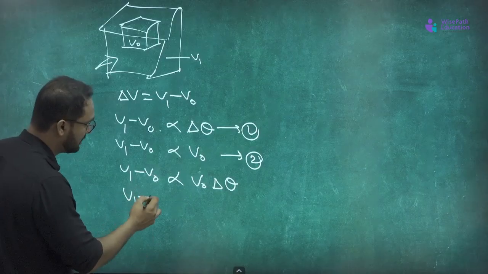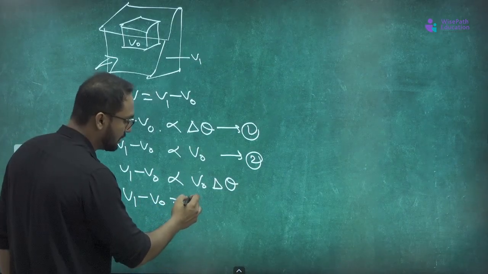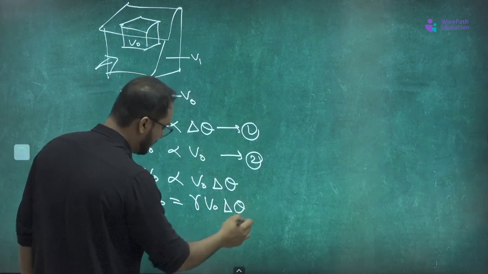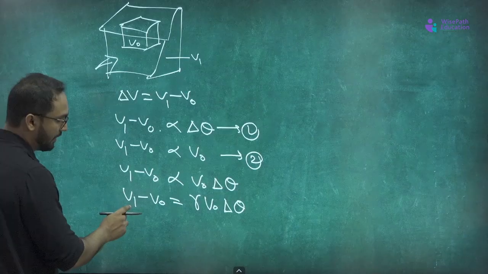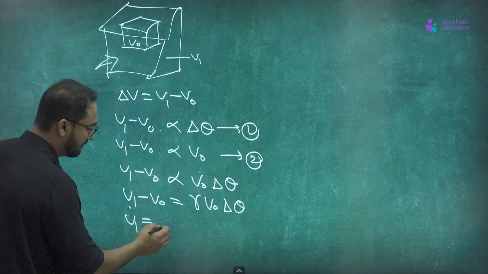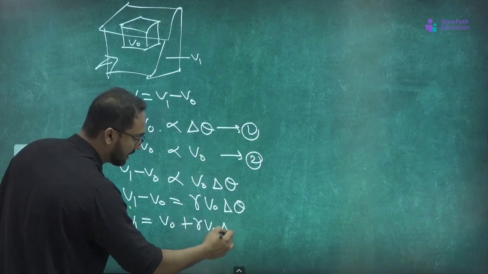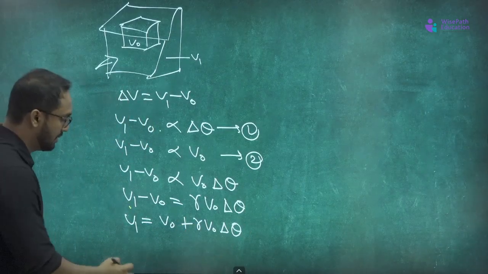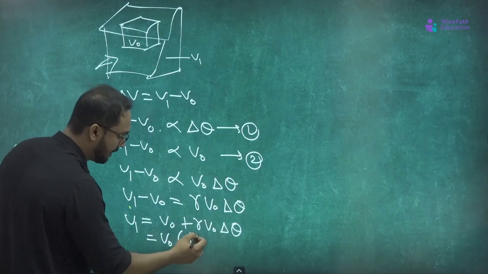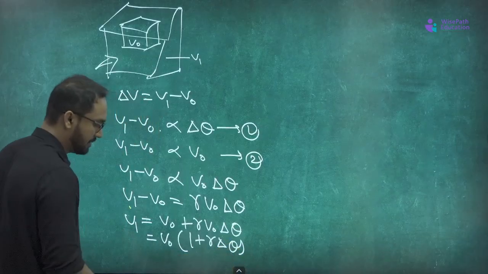So V1 minus V naught is equal to what? The constant we take here is gamma times V naught delta theta, right? So if I want to find the final volume expanded, I am going to isolate the V1. So that is V1 equals V naught plus gamma V naught delta theta, yes. So if I take the V naught out, that will be 1 plus gamma delta theta, yes.